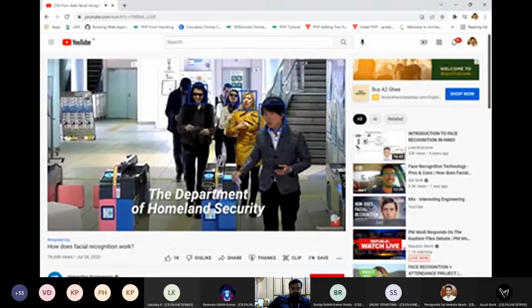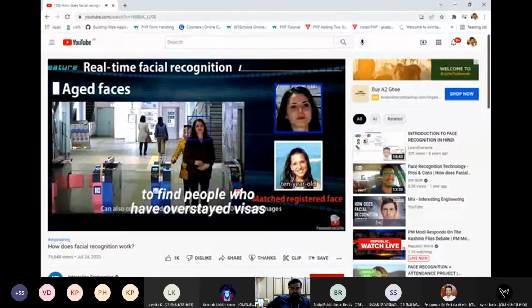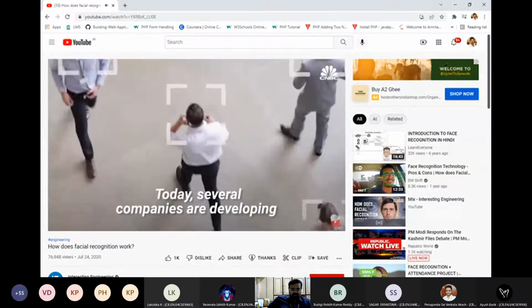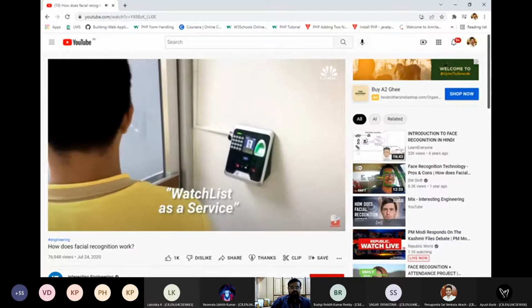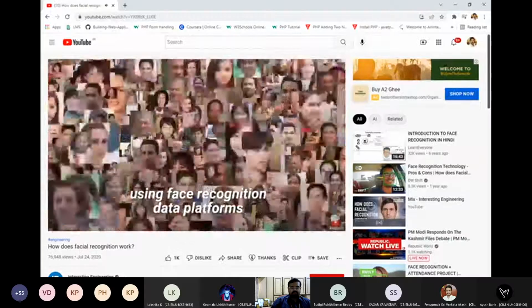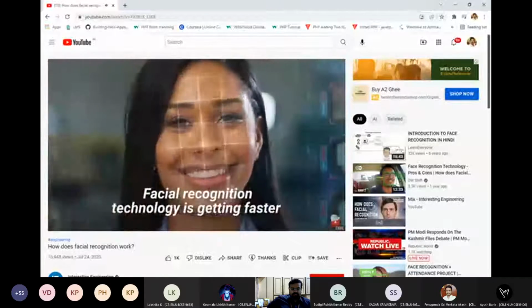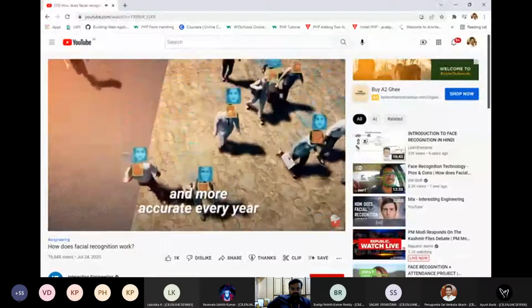The Department of Homeland Security also uses facial recognition to find people who have overstayed visas or who are under criminal investigation. Today, several companies are developing watch list as a service, using face recognition data platforms to help prevent shoplifting and violent crime.